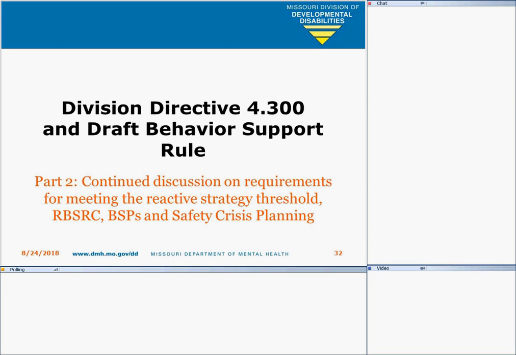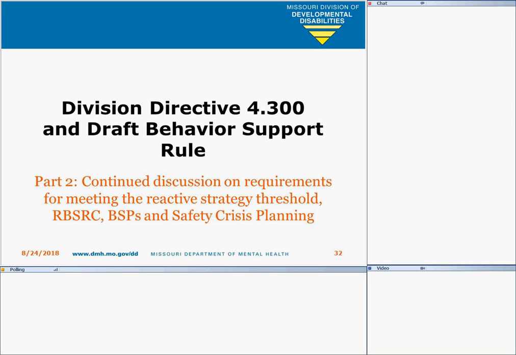Something that I wanted to address up front here is that a directive is the policy and procedures for the division, the agency, the Division of Developmental Disabilities. And a rule is something that goes through a governmental process to become law, and the draft rule is in the process to do that.